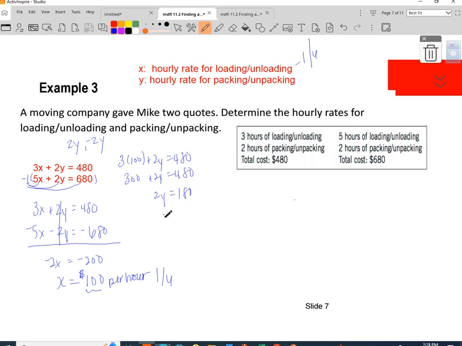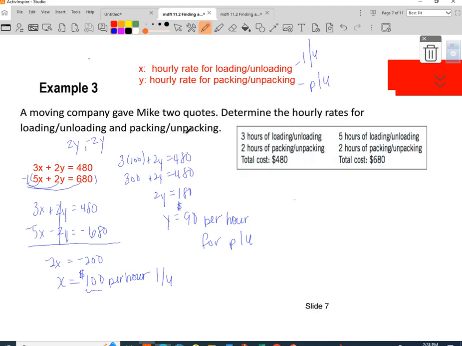Divide both sides by 2. And now we know that the hourly rate for packing and unpacking is $90 per hour. And I'm just going to abbreviate that P/U.